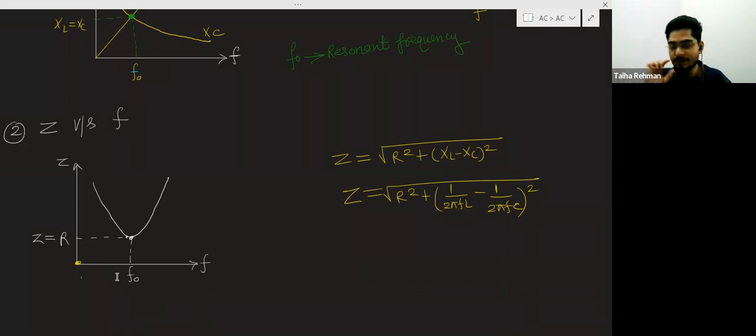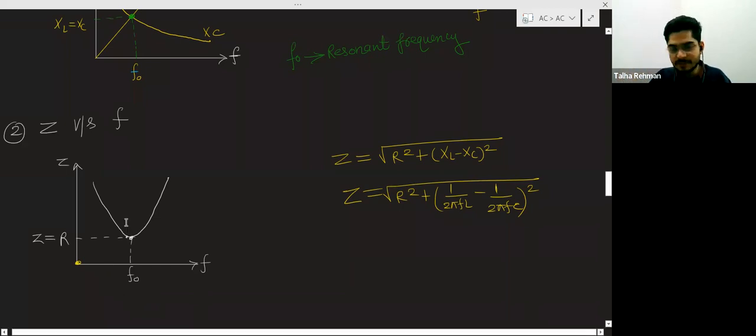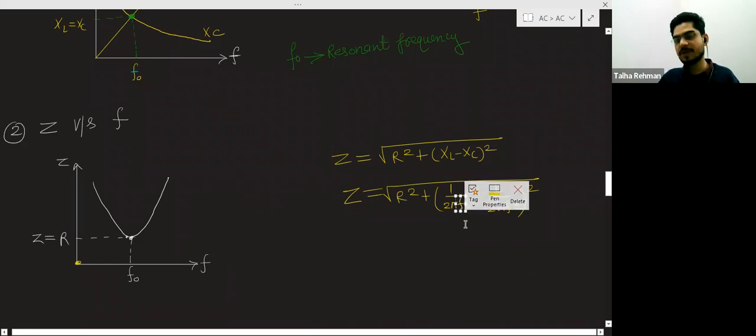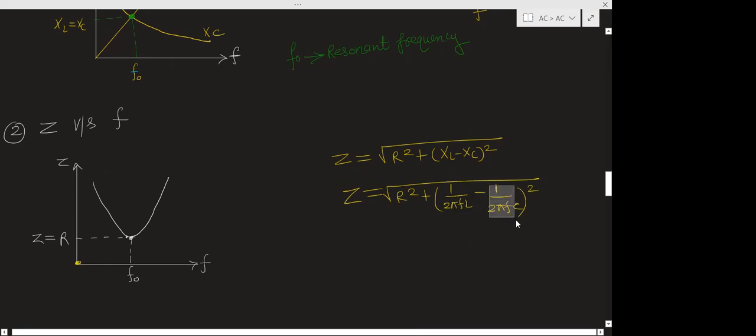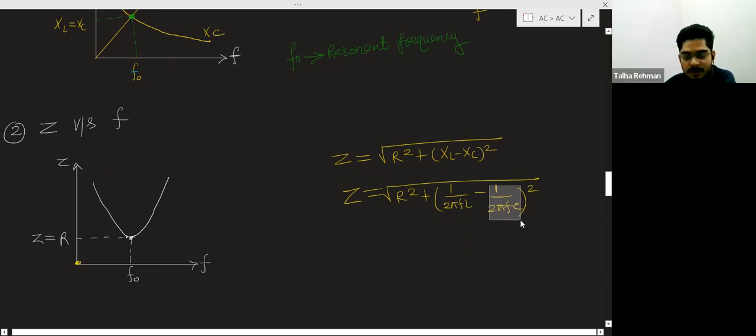Suppose you have taken a small value of the frequency here, so this whole term will become small. So basically this impedance here will become small.